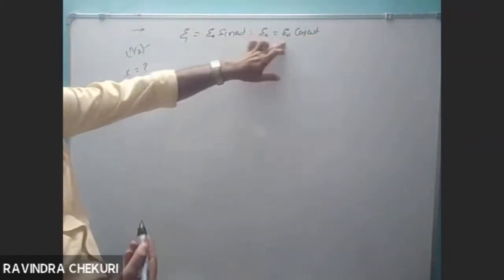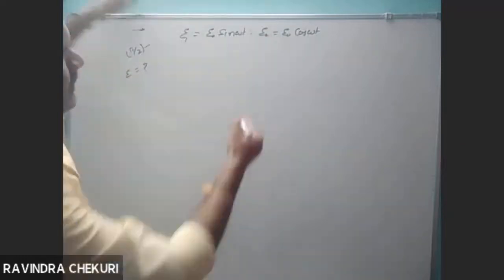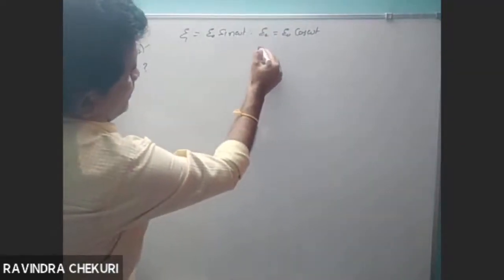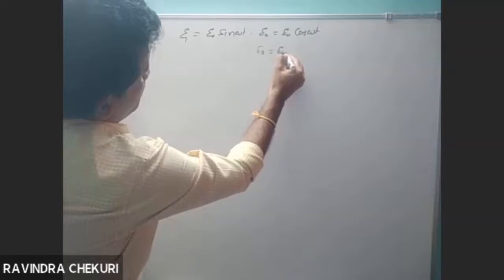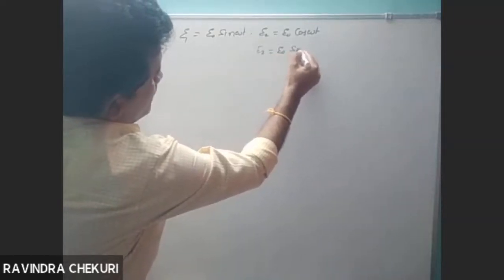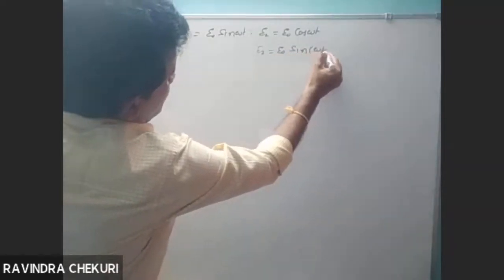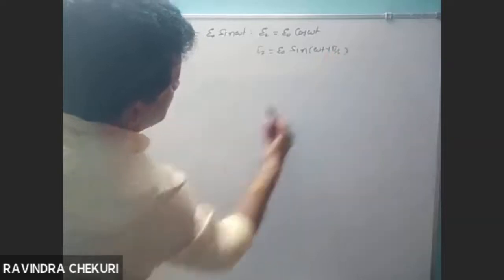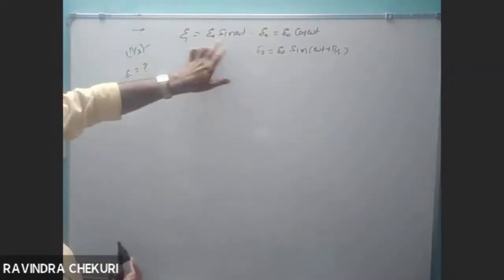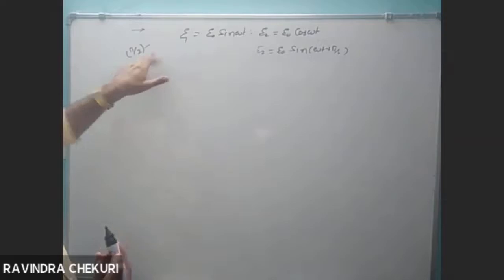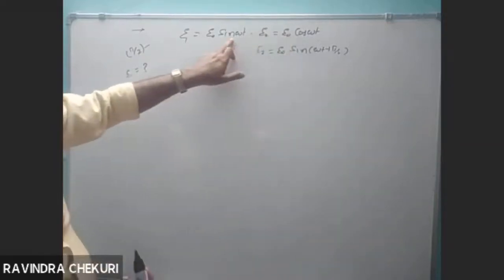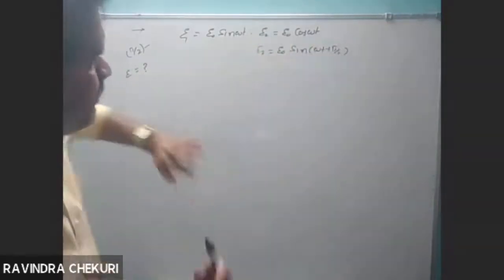Generally, if you arrange the cos function in terms of the sine function, E2 is equal to E naught into sine of (omega t plus pi by 2). What is the phase difference between these two? The second one is a cos function, the first one is a sine function. Phase difference is pi by 2.